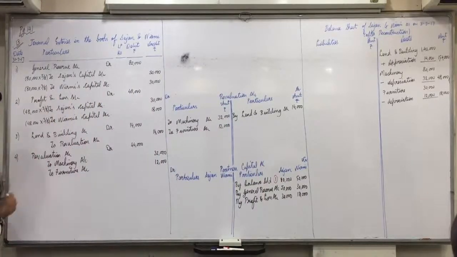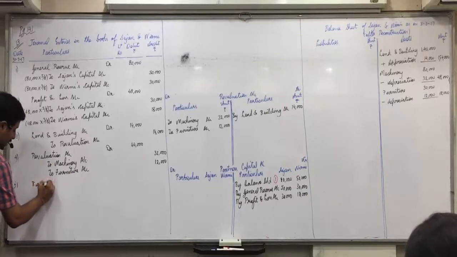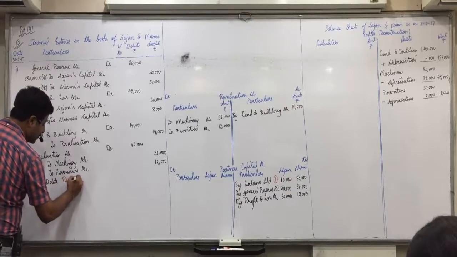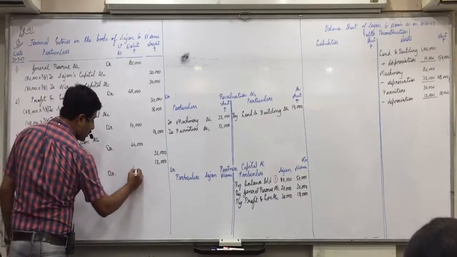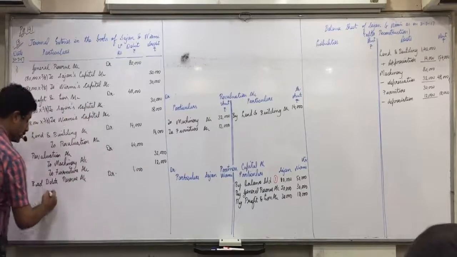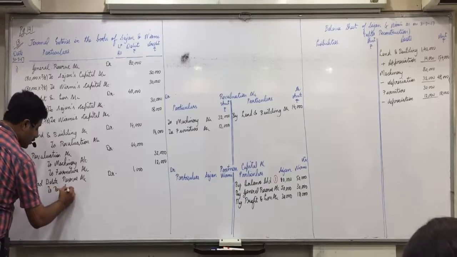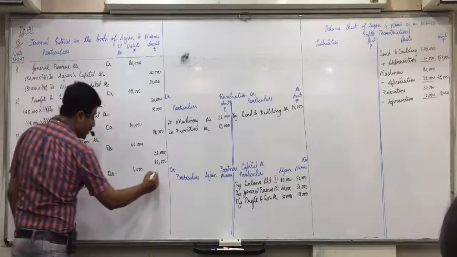Understood that everyone? Write down. Bad debts reserve account debit 1,000 to revaluation account 1,000.